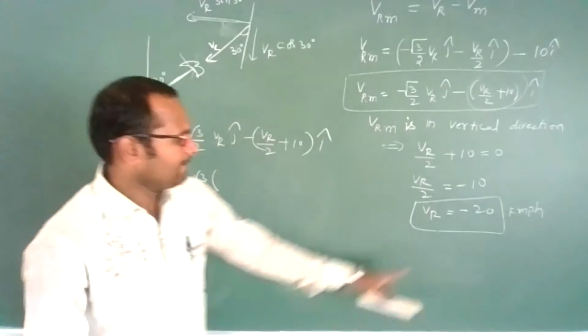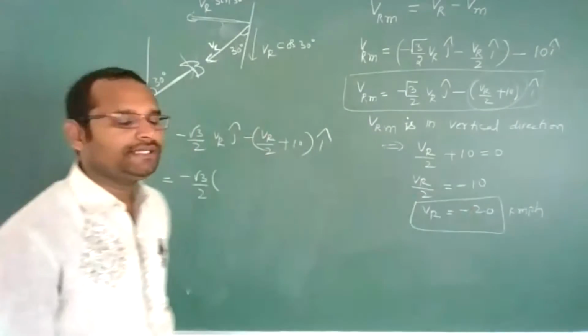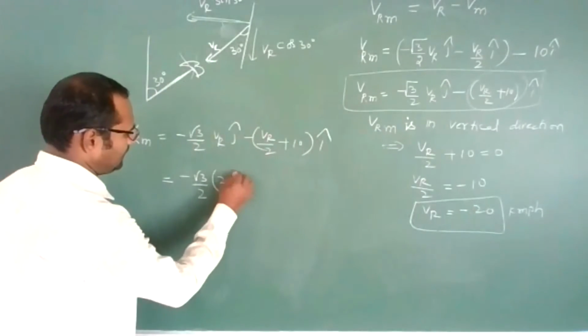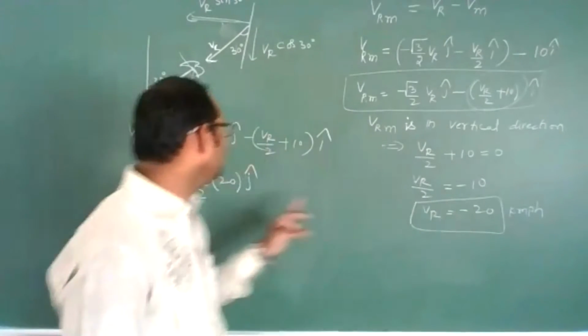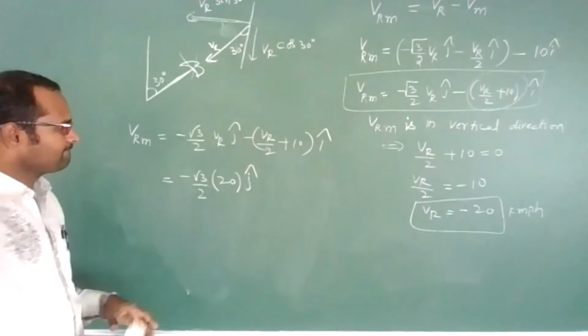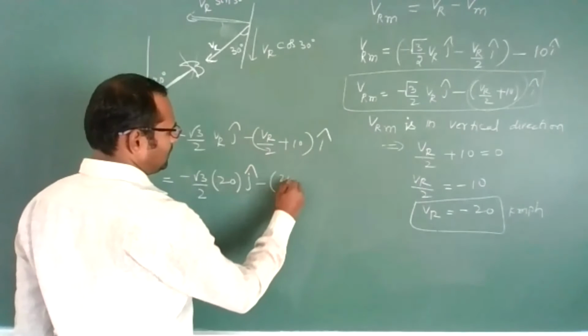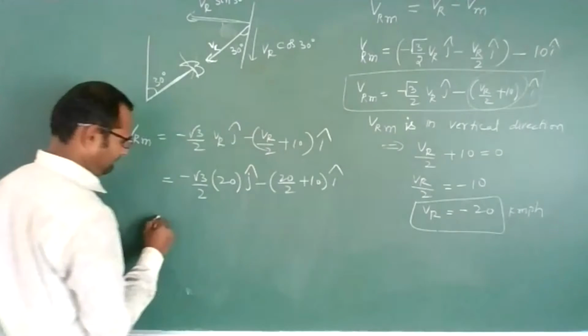What is VR value? 20. So I am writing 20 j cap. Why am I not taking minus? Because already here I have shown minus. Minus 20 by 2 plus 10 i cap.